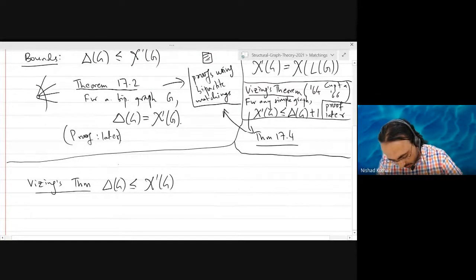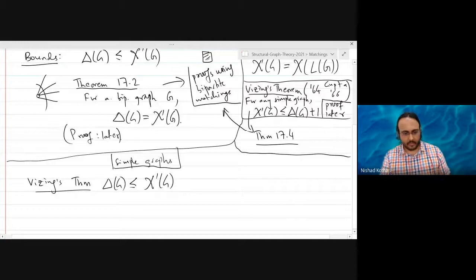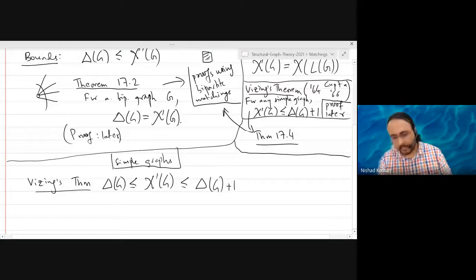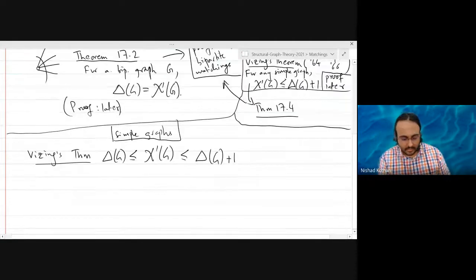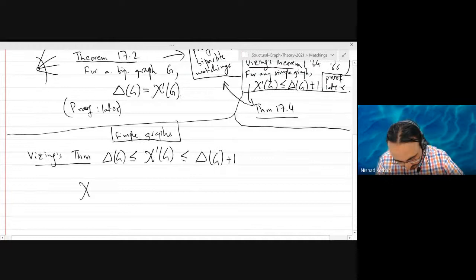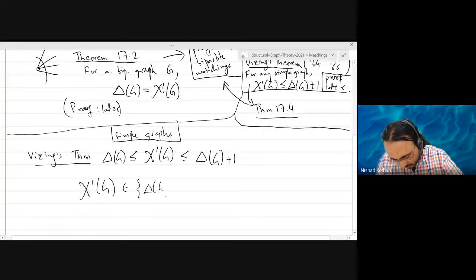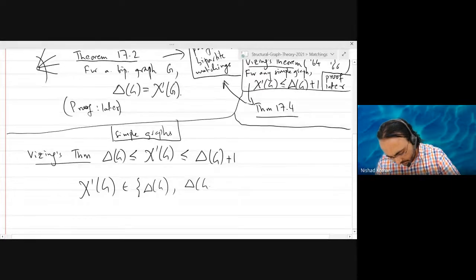This is for simple graphs, so the remaining discussion is all about simple graphs for now. And we know that it is upper bounded by the maximum degree plus 1. So clearly, there are just 2 possibilities. Either the edge chromatic number is exactly the maximum degree, or it is exactly the maximum degree plus 1.